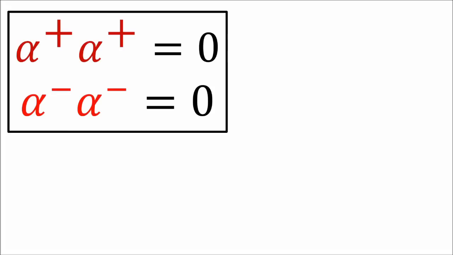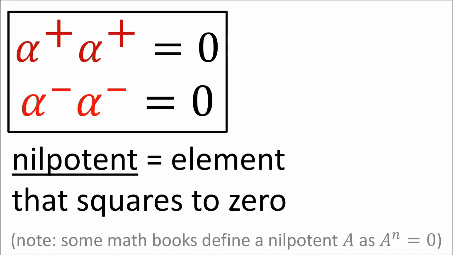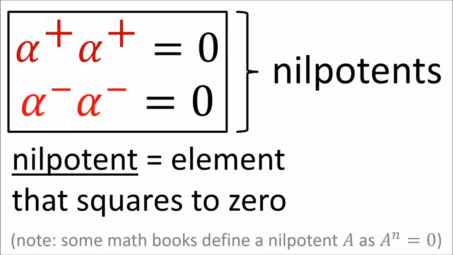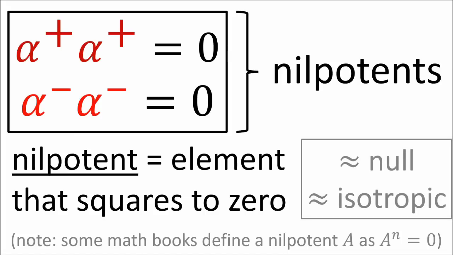So both alpha plus and alpha minus square to 0. We say an operator that squares to 0 is called nilpotent. So both the creation and annihilation operators for fermions are nilpotent. You might also see elements with this property called isotropic or null, although this language is more often used in the case of vectors.